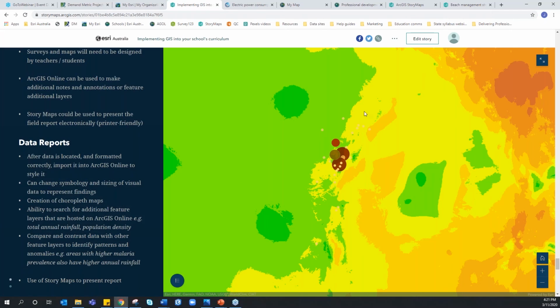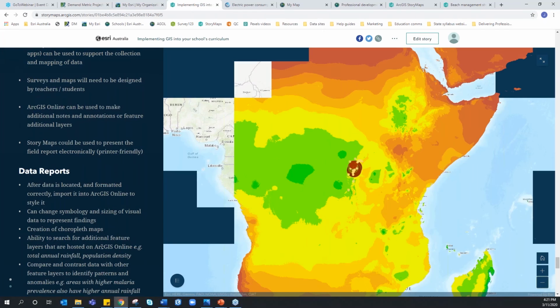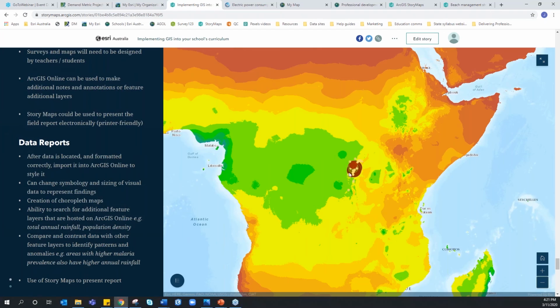So this Ebola data, I actually found it through the World Health Organization, I think, and I cleaned it up and made it presentable according to the standards needed in the CSV document, and I actually imported it into this map here. I changed the symbology and the sizing of those dots here. So the larger dots represent more Ebola cases.